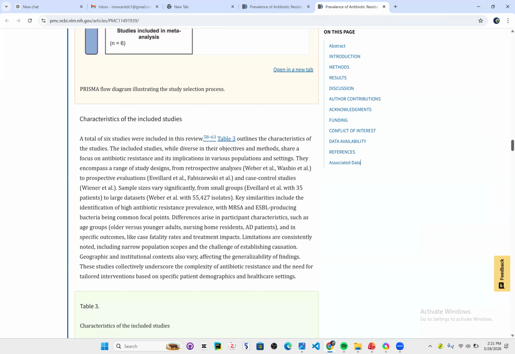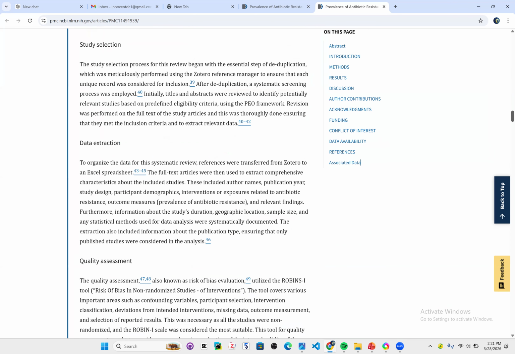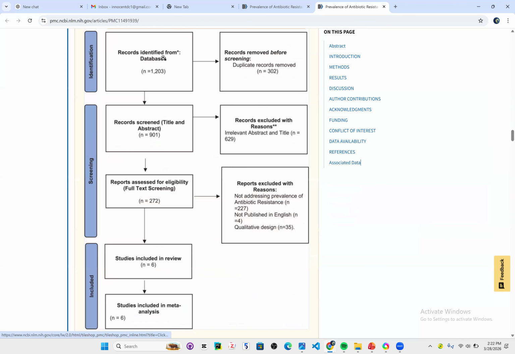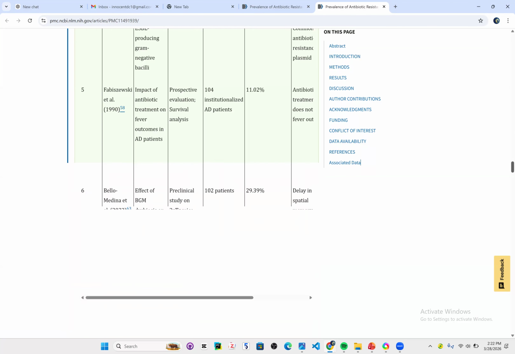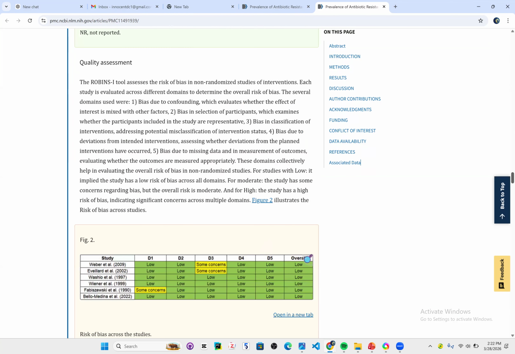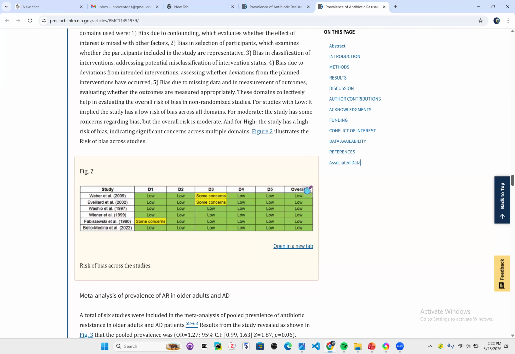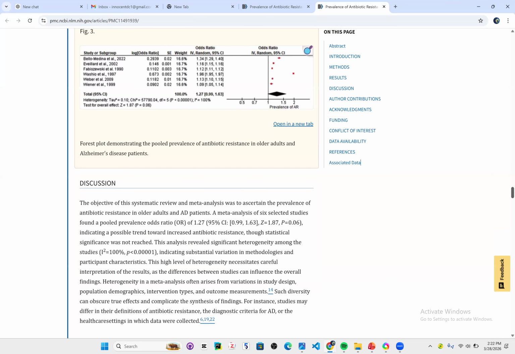You have the characteristics of included studies. This is what we call the PRISMA, where we show evidence of how studies were selected. We've got databases, and some reasons for exclusion. Here we included 6 papers. And you can see we have a meta-analysis here.